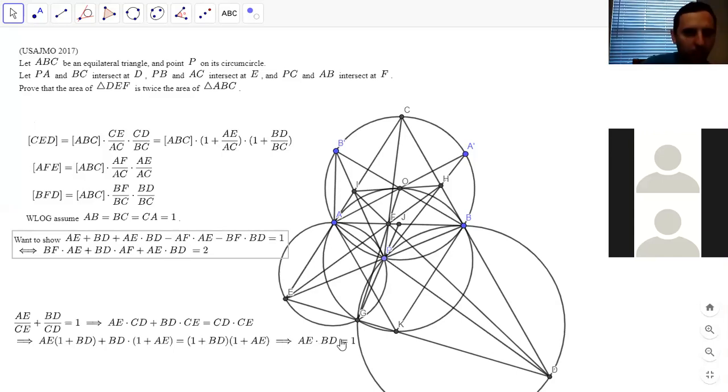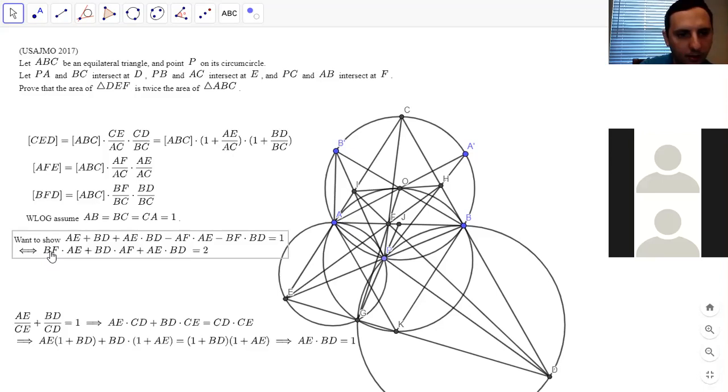And then we want to show that this part is also 1. So BF times AE plus AF times BD. And I wonder if, because BF is just 1 minus AF.